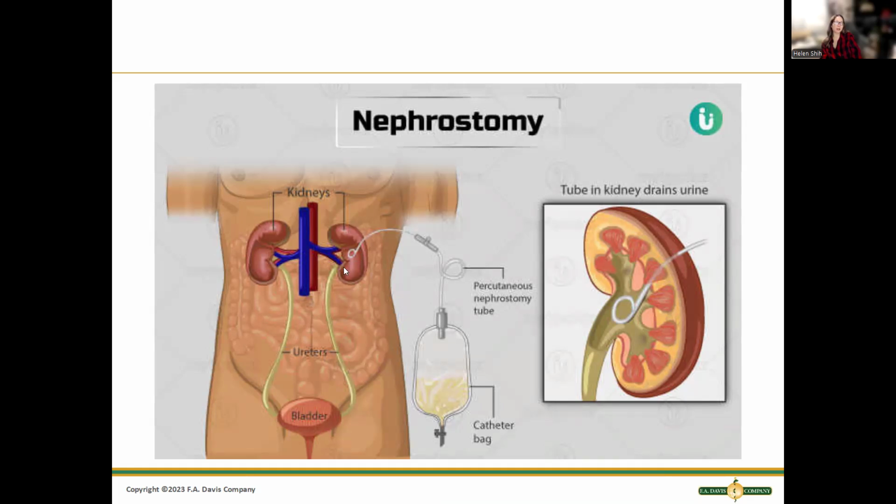Not only that, a nephrostomy tube sometimes is located only on one side, but not the other. So the healthy kidney that is not affected by hydronephrosis could still be producing urine regularly and in a very productive way.